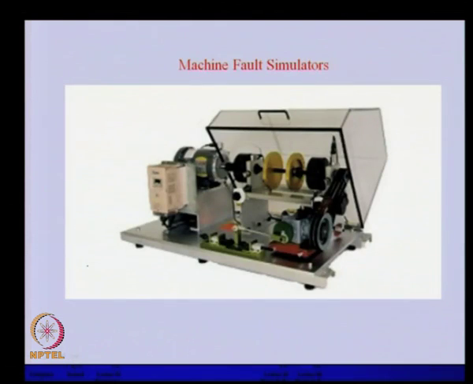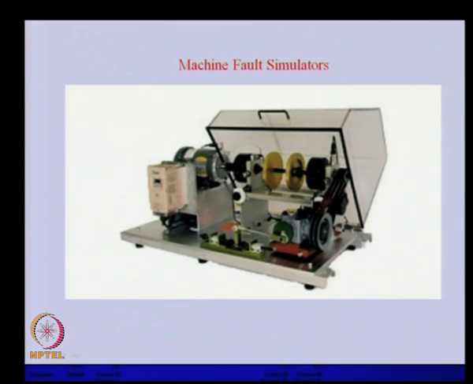And sometimes, to pinpoint what kind of fault gives what kind of signatures and what kind of frequency, this kind of laboratory instrument we can develop or fabricate, in which there are various rotating components: this is the rotor with the two discs, there is a belt pulley arrangement, a gearbox, and a reciprocating mechanism.